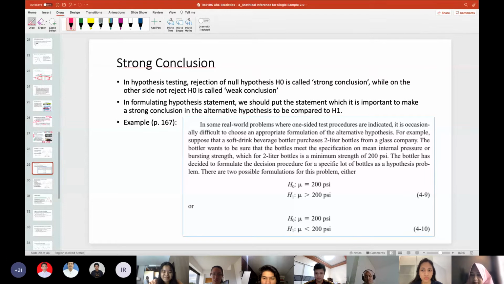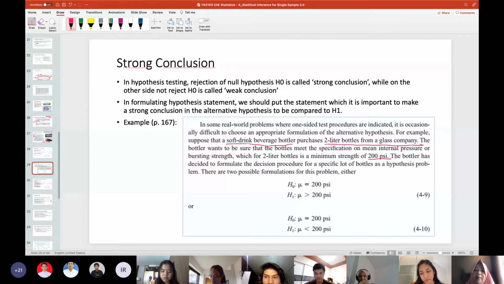Let's see an example. Suppose a soft drink bottler will purchase 2-liter bottles from a glass company. The bottler wants to be sure that the bottles meet the specification of internal pressure bursting strength, which is a minimum of 200 psi.